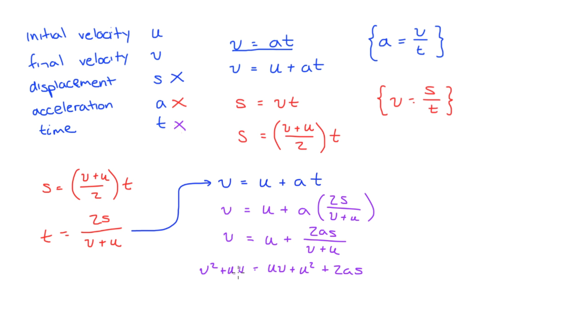And now we see that there's a uv on both sides, so we can subtract uv from both sides, and we're given the equation v squared equals u squared plus 2as.